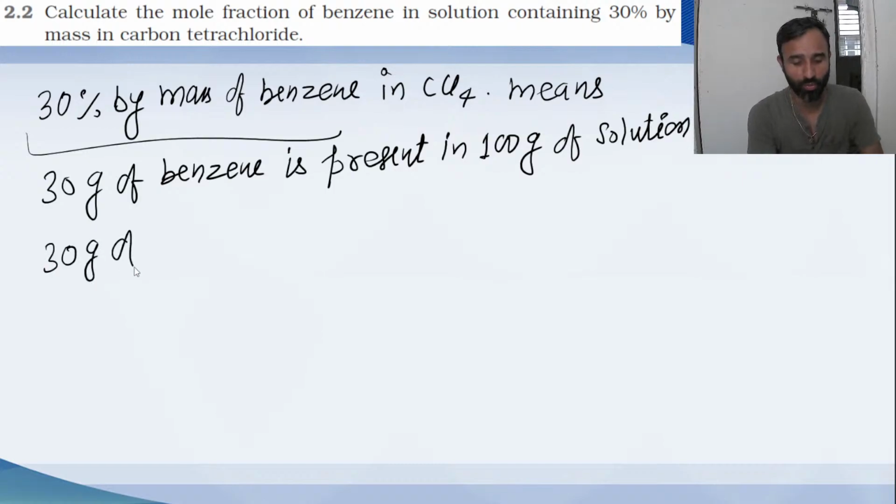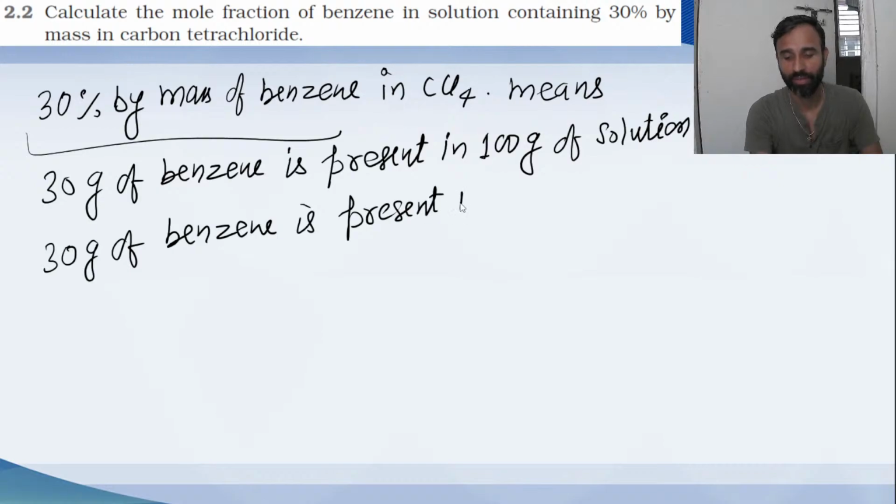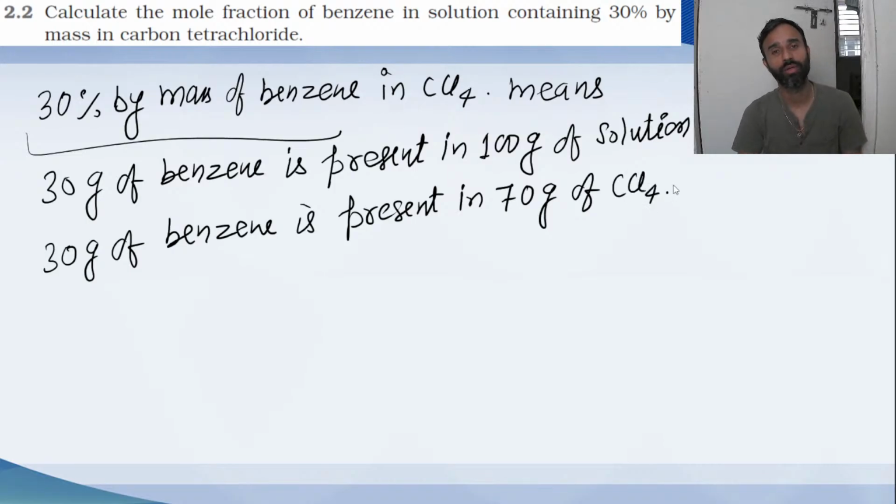So 30 gram of benzene is present in 70 gram of CCl4, right? See, 30% by mass of benzene in CCl4 means 30 gram of benzene in 100 gram of solution. So total solution is 100 gram, and out of 100 gram, 30 gram is benzene. So what is left? That is CCl4. So 70 gram of CCl4.